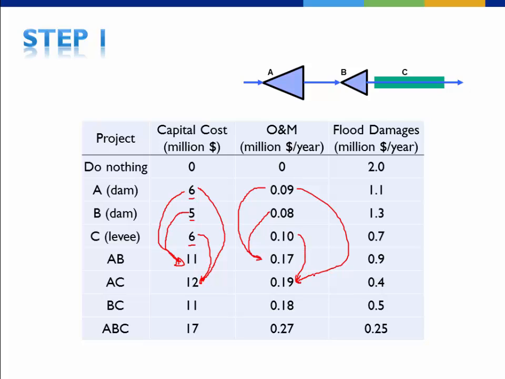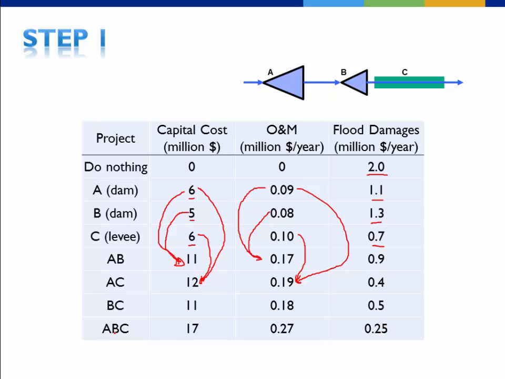Okay, and now in this case the do nothing project, the flood damage is already estimated at 2 million per year. But when you run all these different configurations in a reservoir and then hydraulic model, you start seeing that for only building dam A, it will be about 1.1 million of annual damage, 1.3, 0.7, and so on.